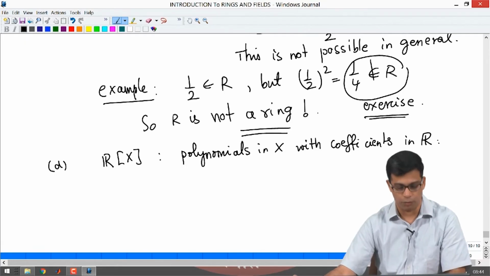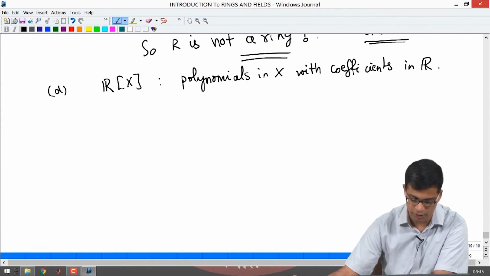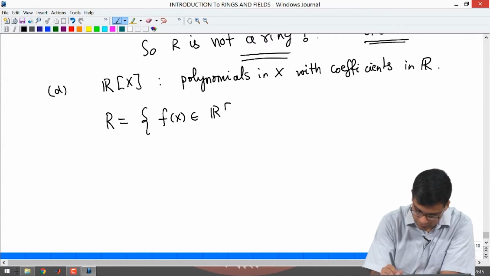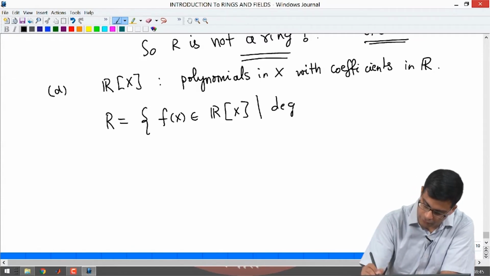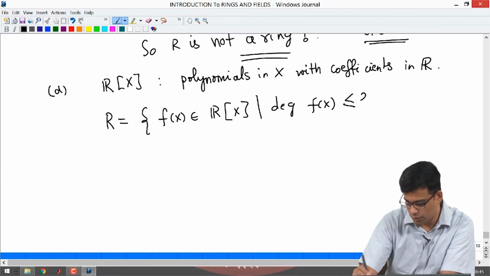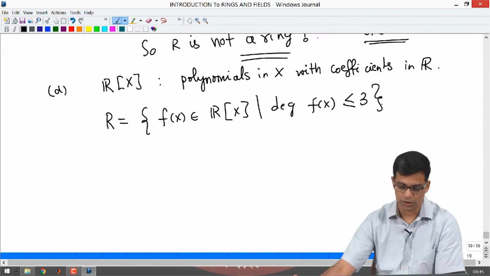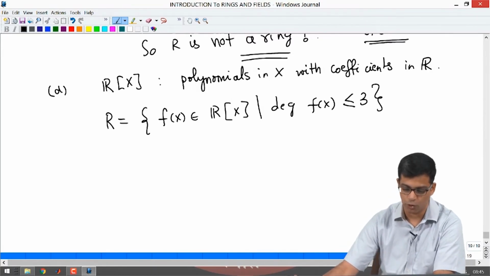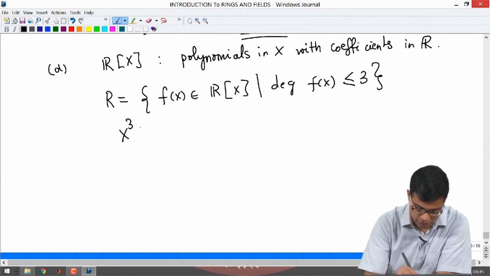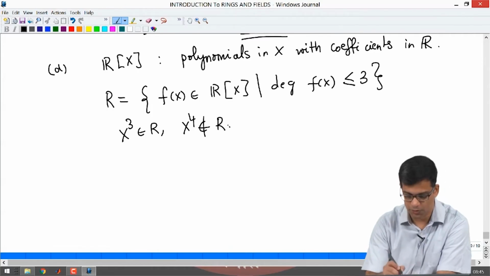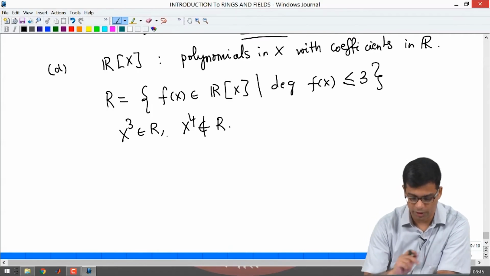So, these are real polynomials in one variable called X. In this, let us look at the subset of f of x in R[x] such that the degree of f of x is less than or equal to 3. Okay. So, here I am taking all polynomials whose degree is at most 3. For example, x cubed is in R, x power 4 is not in R, right. So, x power 4 has degree 4, so it cannot be inside R.